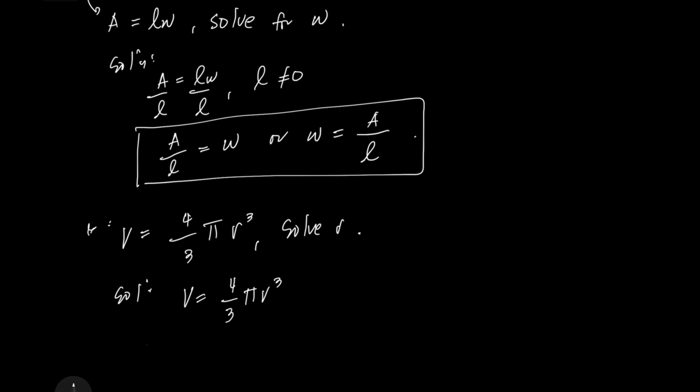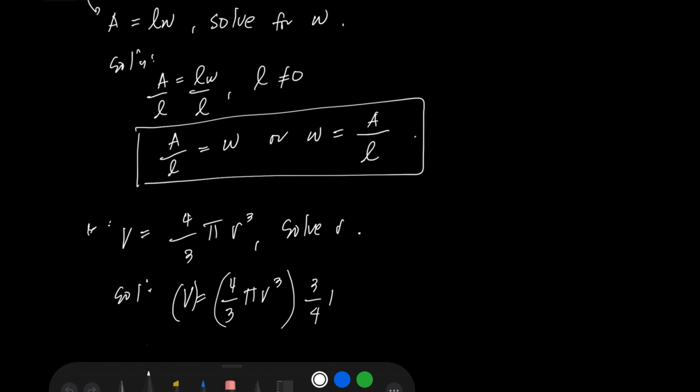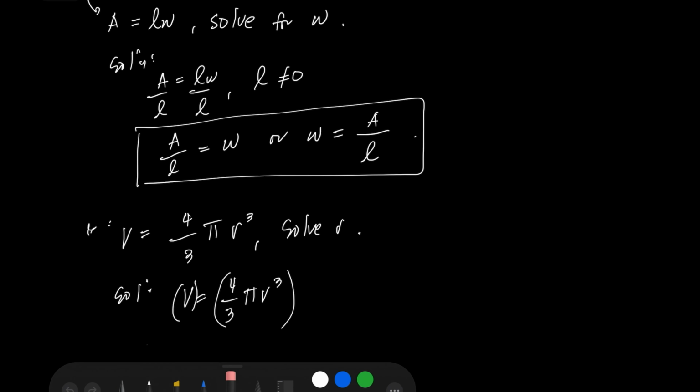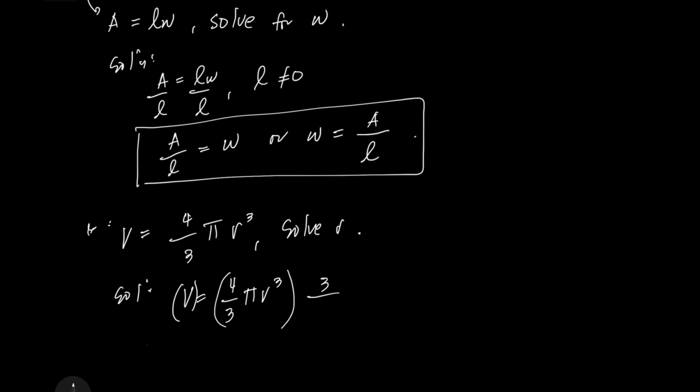We can eliminate the 4/3 pi on both sides of the equation by multiplying 3 over 4 pi on both sides of the equation.